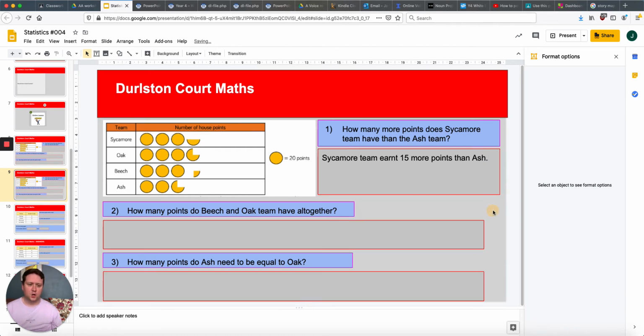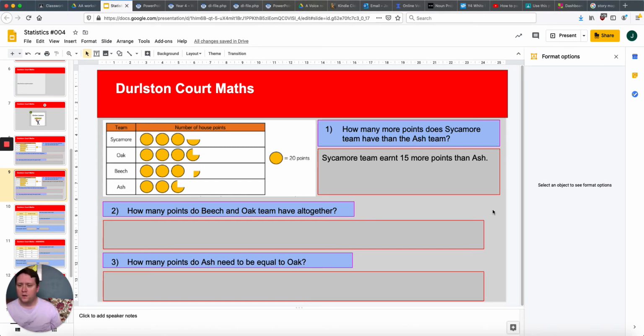Great. Question 2. How many points do Beech and Oak team have all together? We need to know how many points Beech have, we need to know how many points Oak team have, and then we need to add them together for the all together part.